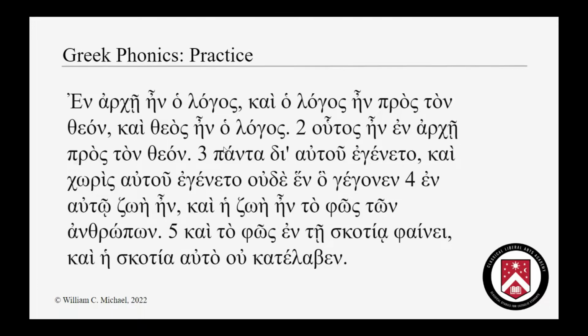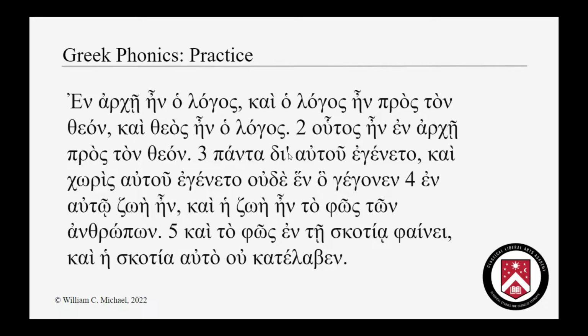We then have panta, and you can hear the acute accent, panta. We then have d. Now this mark here is actually an apostrophe because this word is dia, and the second vowel, the alpha, has been dropped.